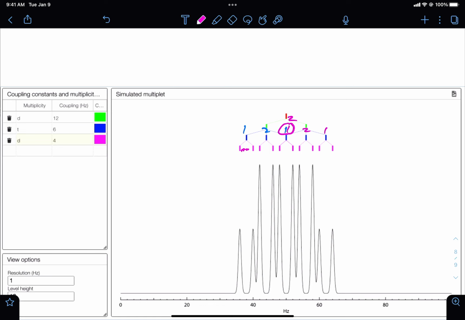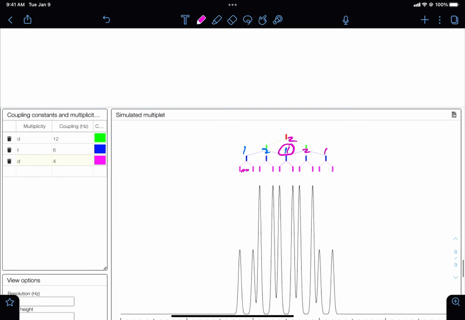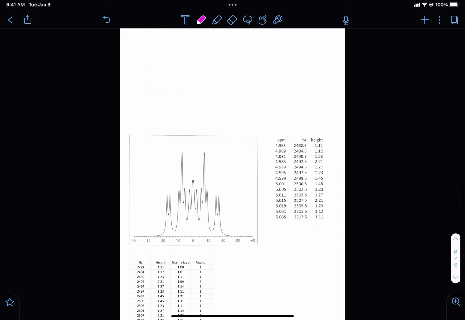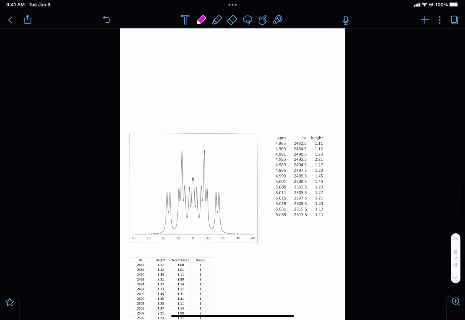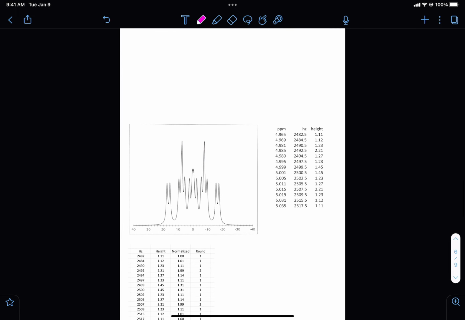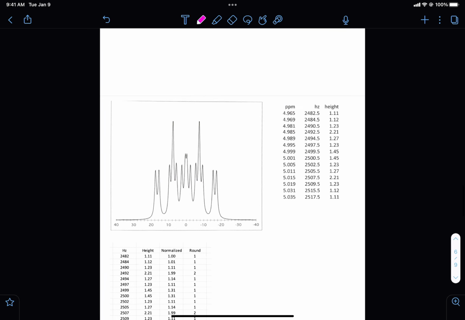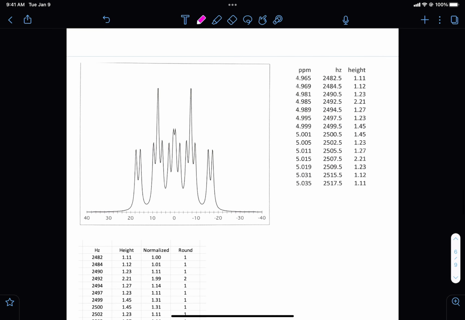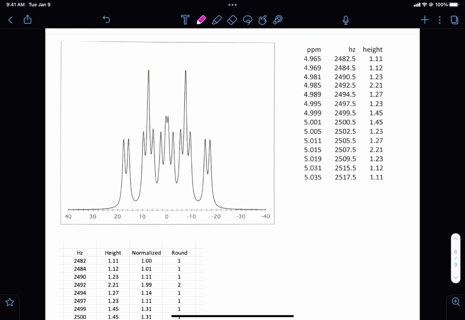All right, so let's do another example. Another one, a little bit more complicated. We've got more signals, but we're going to approach this the exact same way. We've got our ppm, our hertz, our heights, our integrations, and we're going to do the exact same thing.